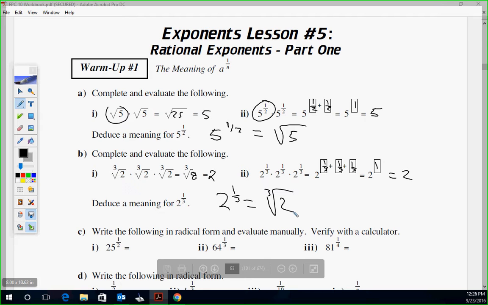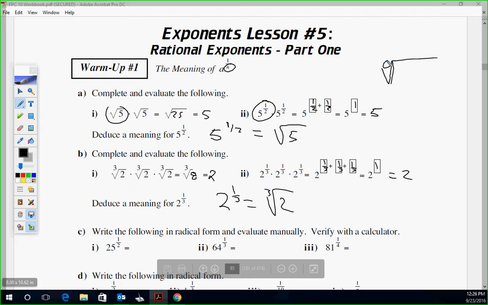What I'm going to tell you is that the bottom, the n, is the index of your radical. What's the index of a radical? That goes back to lesson 5 in the first section. The index is this number.